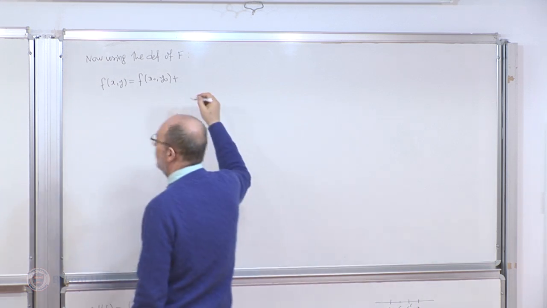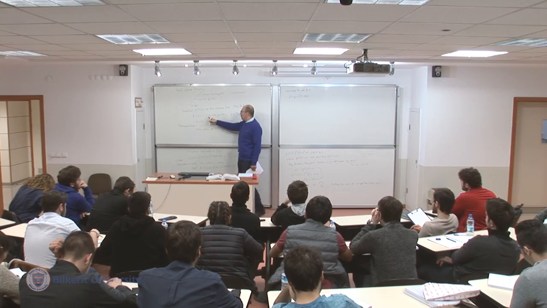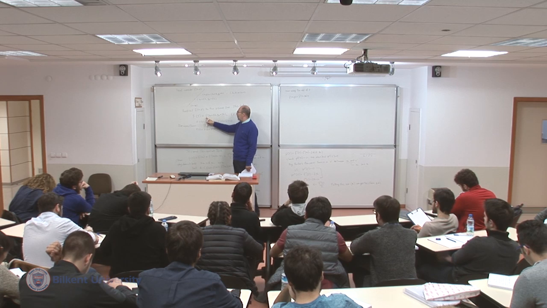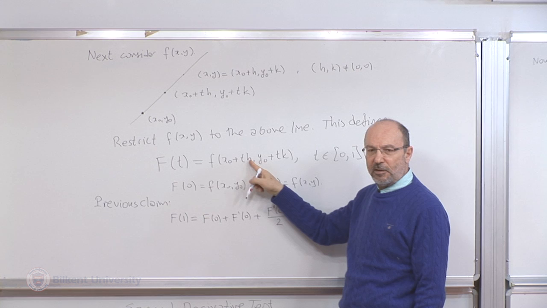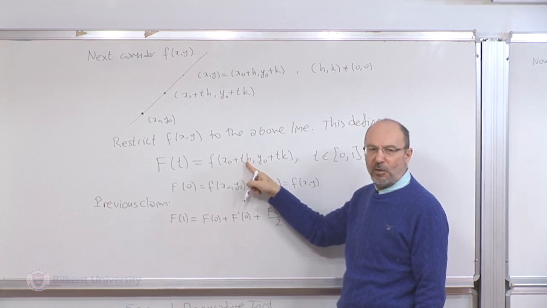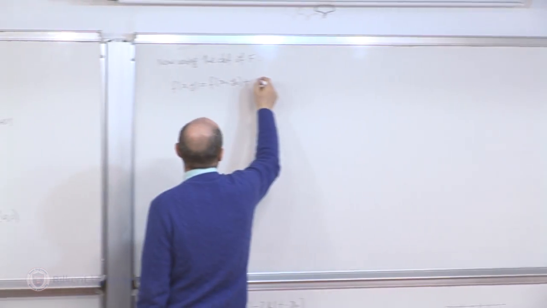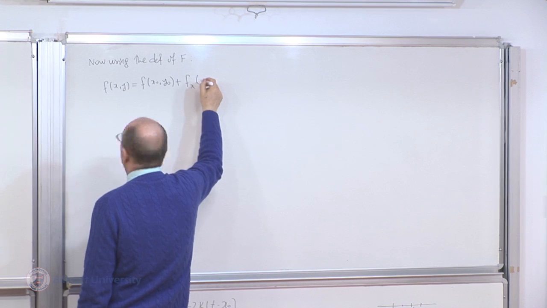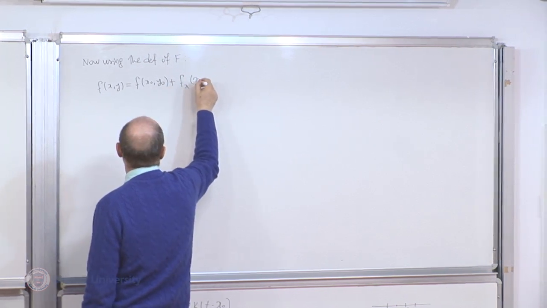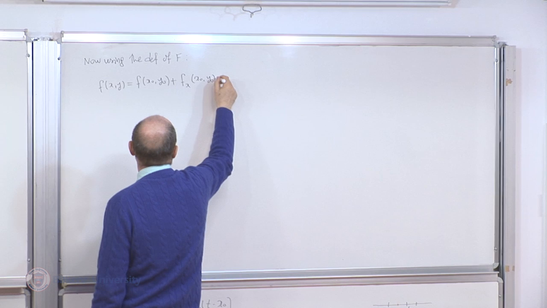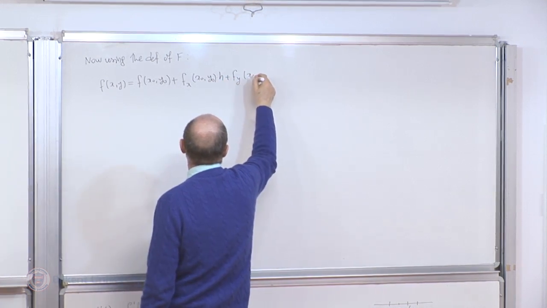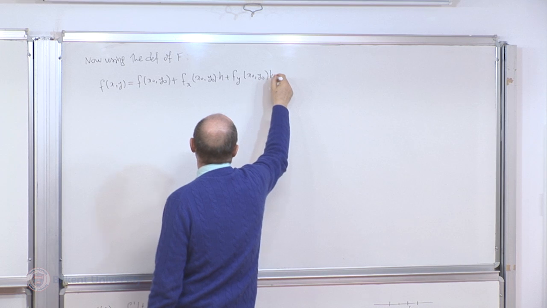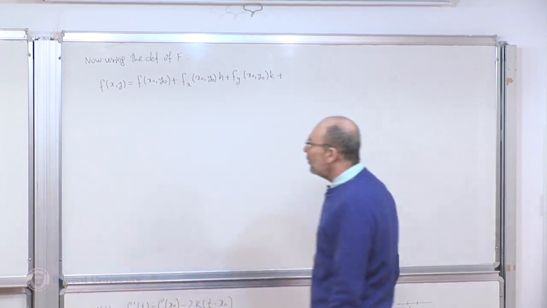So let's take the derivative of this. By the chain rule, I take the derivative of this with respect to x times the derivative of what I see in place of x with respect to t. So it will just give me h. So this is f_x at x sub 0, y sub 0 times h plus f_y at x sub 0, y sub 0 times k.